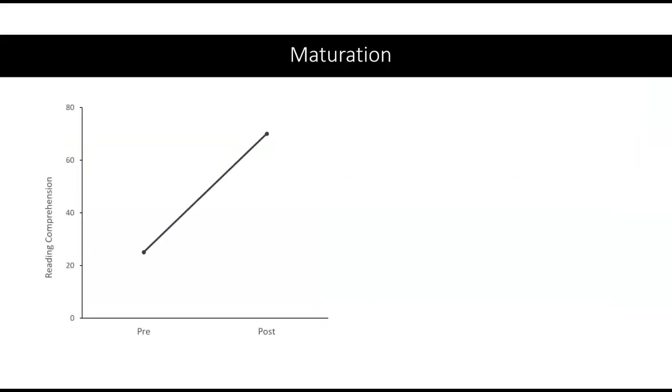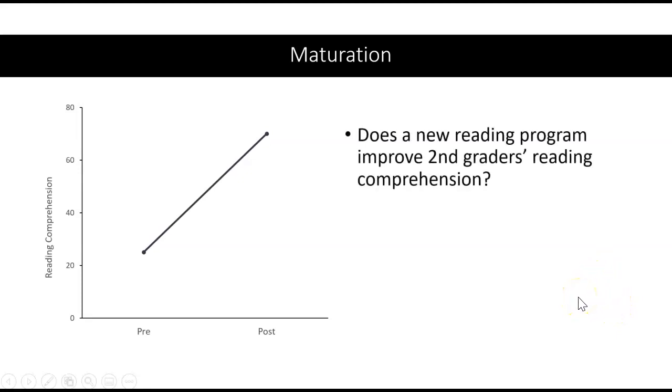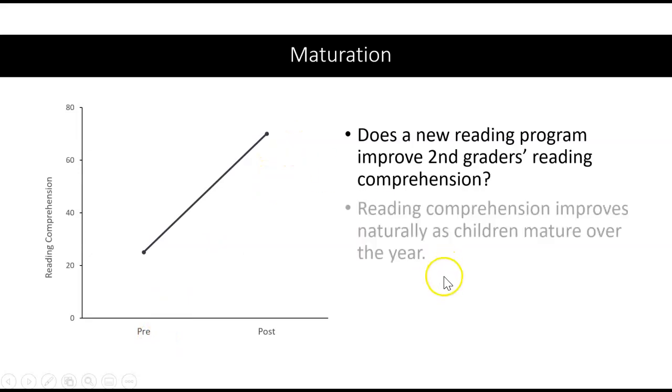Now, an example would be, let's say we're trying to study reading comprehension in children, and we're deciding to implement a new reading program in second graders. And what we find when we look at this pre-post comparison in our second graders is that there appears to be a dramatic increase.